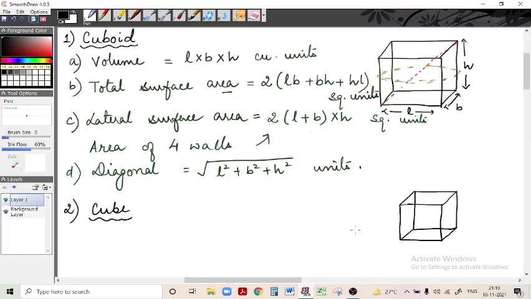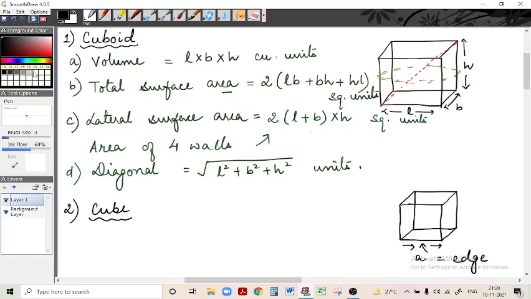The difference between cuboid and cube is that in a cuboid length, breadth, height are different, and in a cube they are all equal. We can also write the side as edge. So this particular part, if I am writing it as A, I can say it is our edge.